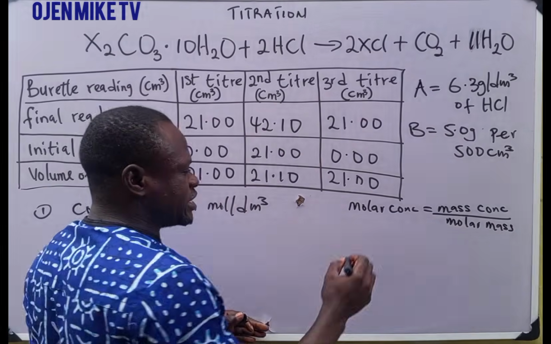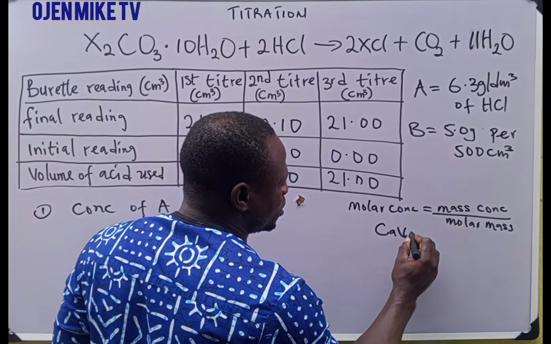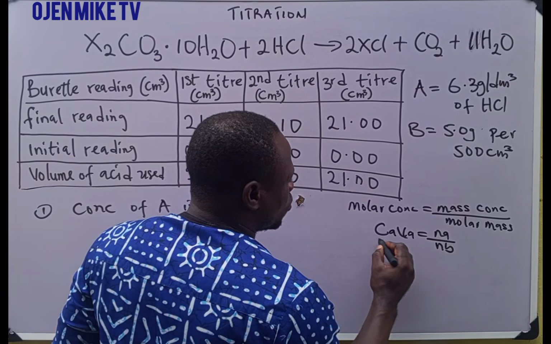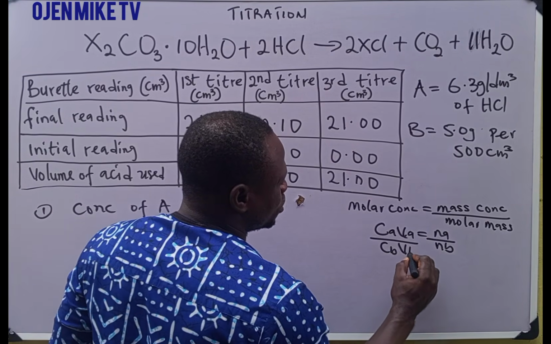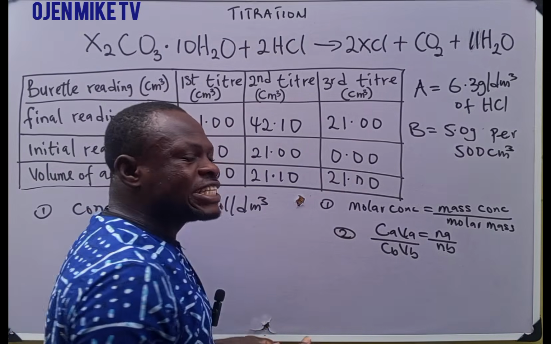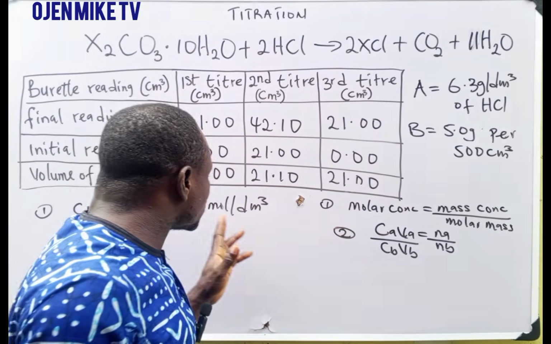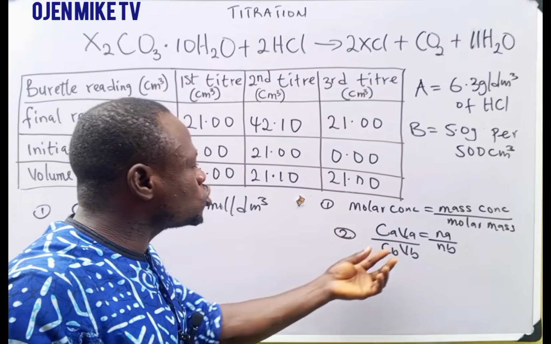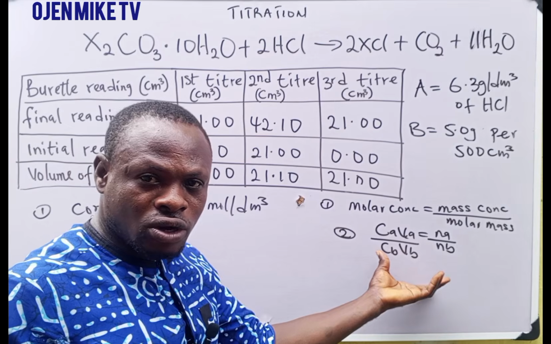The second formula is CAVA over CBVB equals NA over NB. Anytime you are asked to calculate concentration in moles per dm cube, I'm not talking about grams per dm cube, in moles per dm cube, these are the two formulas you are going to use.